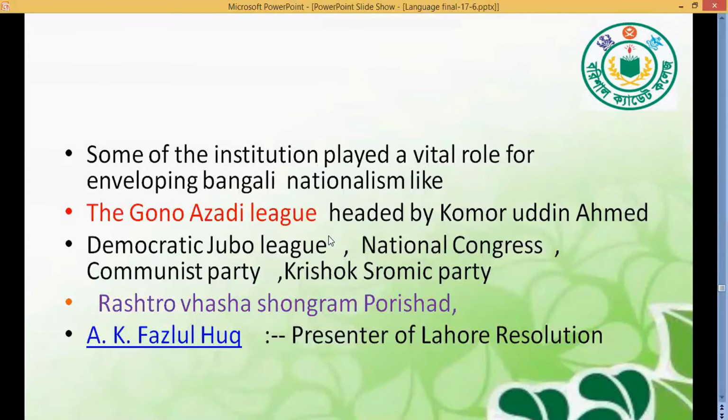Dhaka University and many other academic institutions went on strike in support of the movement and continued their movement. They decided to lay siege to the Pakistan National Assembly during its winter session in 1952. The day was 21st February.